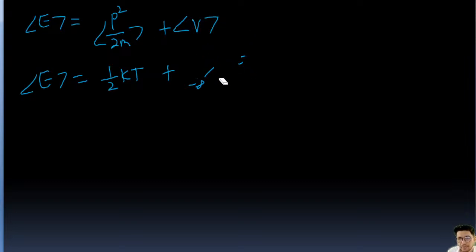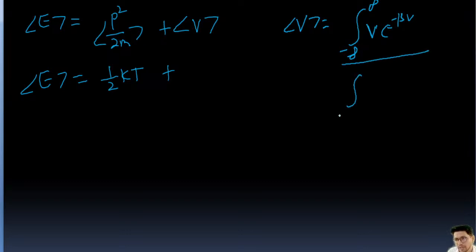I'll write it first for you: suppose the average of energy V, we can find like this: integration from minus infinity to plus infinity of V e to the power minus beta V, upon integration from minus infinity to plus infinity of e to the power minus beta V. This we know.